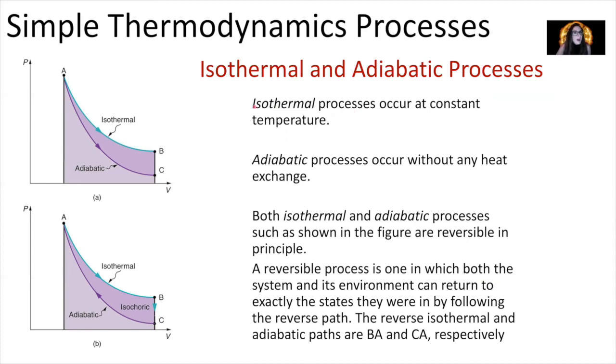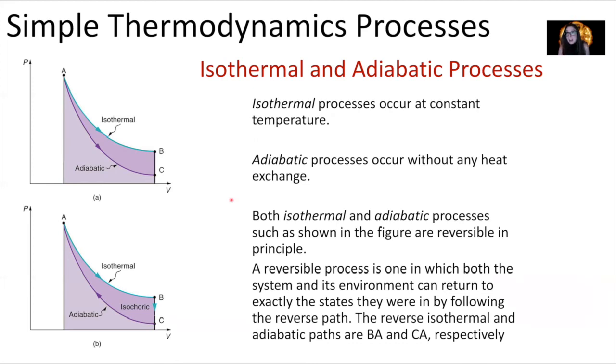So here we have an example of an isothermal process. We go from A to B, we change pressure, we can change volume in an isothermal process, but all along this line here that we call the isotherm, the temperature remains constant, but we can still change our pressure and volume.